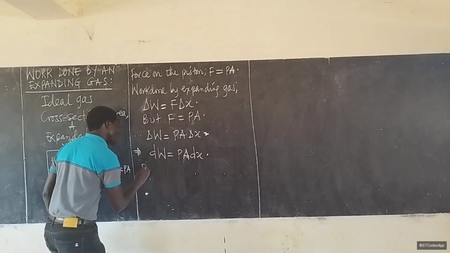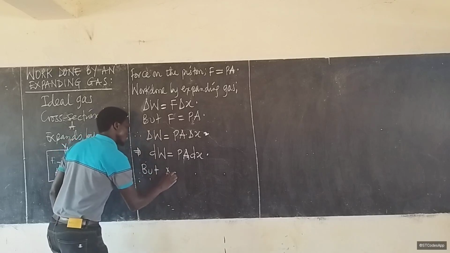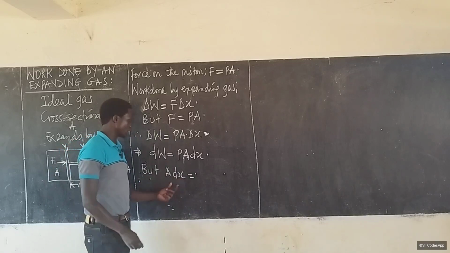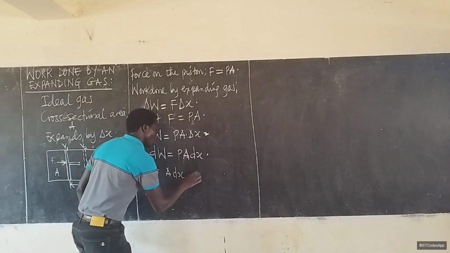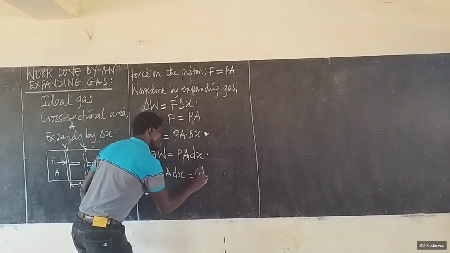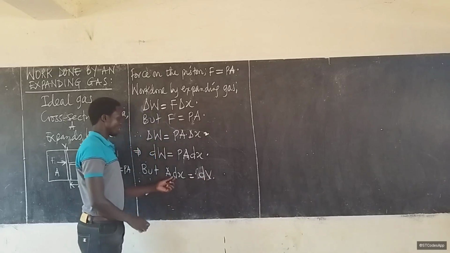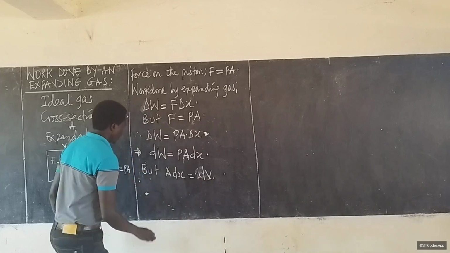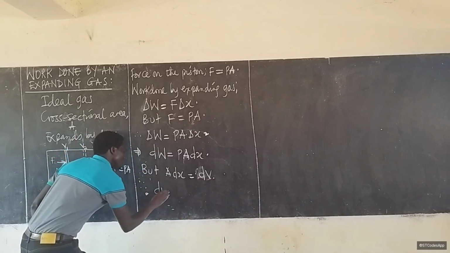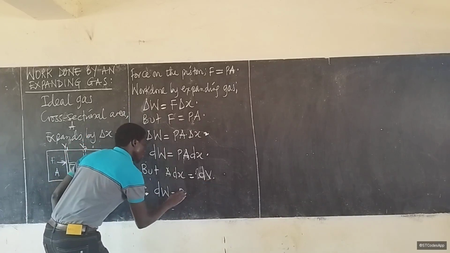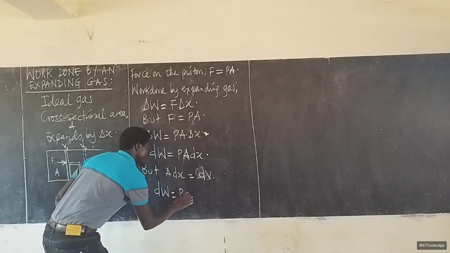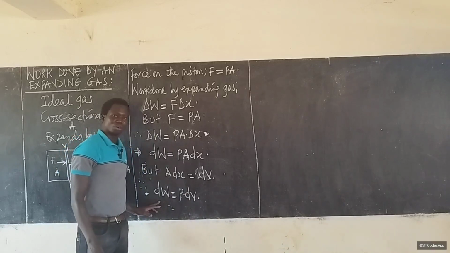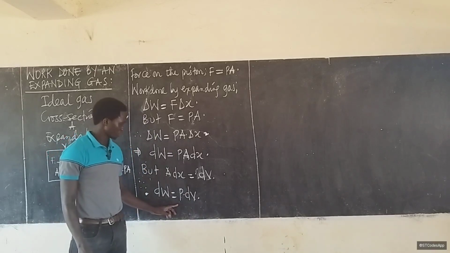But we also have to know that A dx, which is area times the distance moved, is what we call volume, and this is going to be dV because we have a small change in distance, so this becomes a change in volume. Therefore, dW becomes P times dV. So I am going to apply the integral on both sides of this equation.